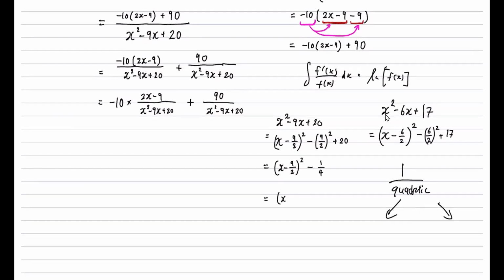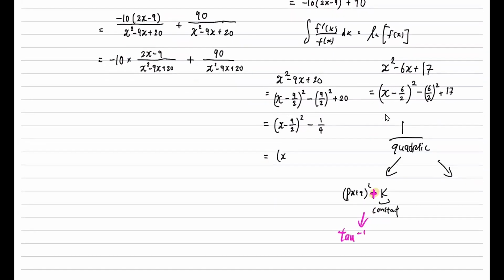Let me give the more general case: px plus q, square, plus some constant. The key thing to take note of here is the plus sign. It's a plus. Then you will link it to tangent inverse.